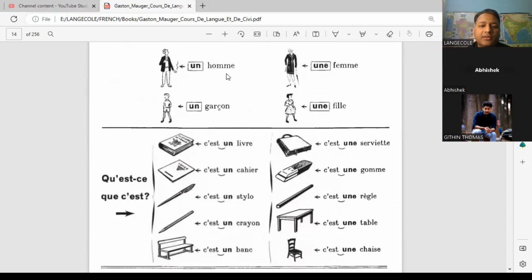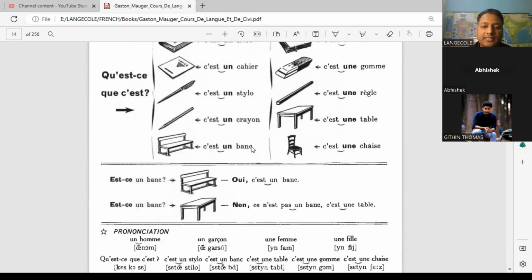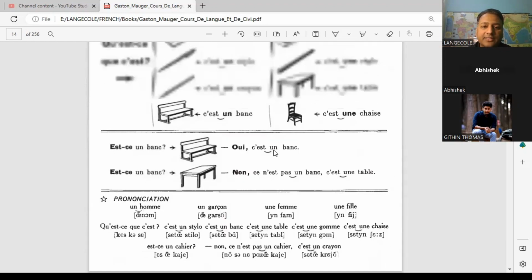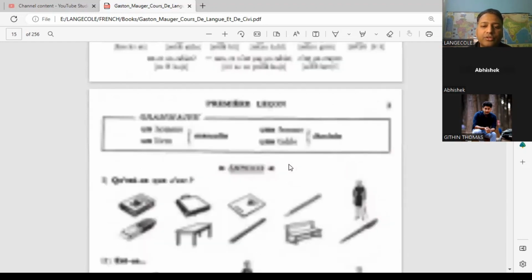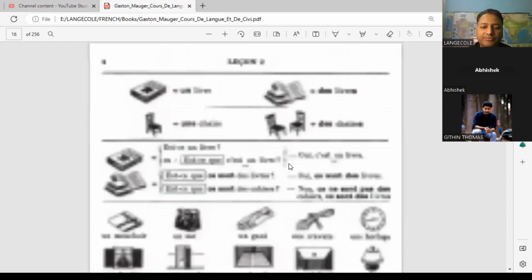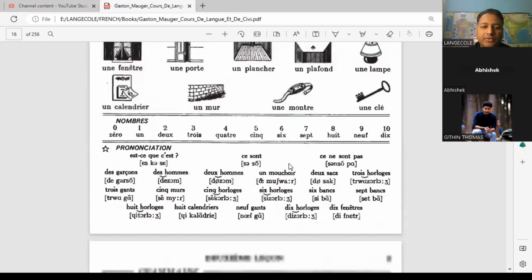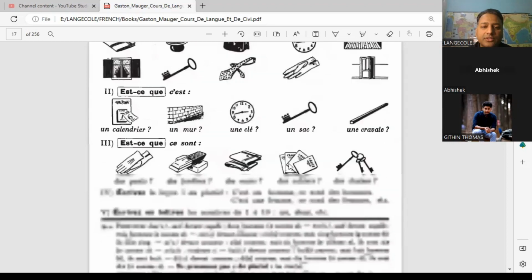Okay, "c'est un homme." So you'll convert it into plural. So that is what they are asking in that question, the third one. Similarly, in that chapter, the entire lesson, they are asking to convert into plural form. Okay. So third one is that.